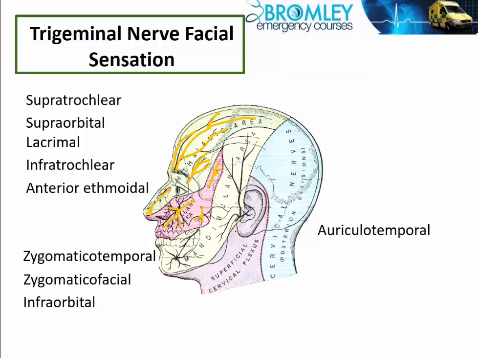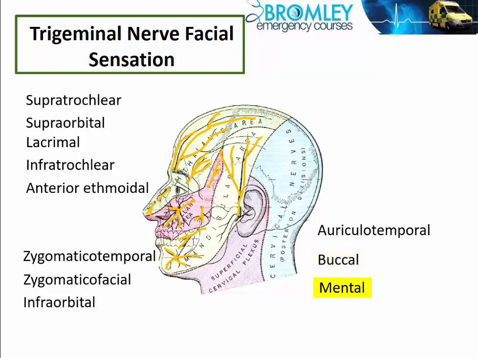Finally, let's look at the third division, the most inferior division, the mandibular division. And this has a large branch that goes just in front of the ear here, the auriculotemporal branch. And then it has two other branches, a small one over the cheek called the buccal branch, and then finally a branch that comes out at the front of the mandible, the mental nerve.